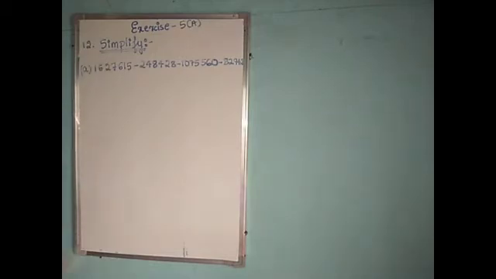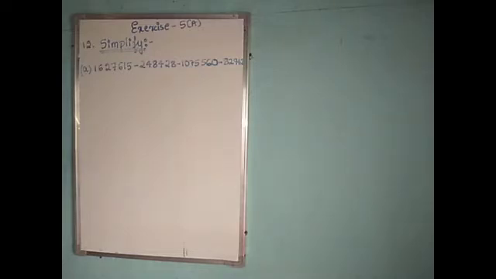So the sign of this number is, can you see any sign here? No, there is no sign here. So always remember that when there is no sign, it is always a plus sign.